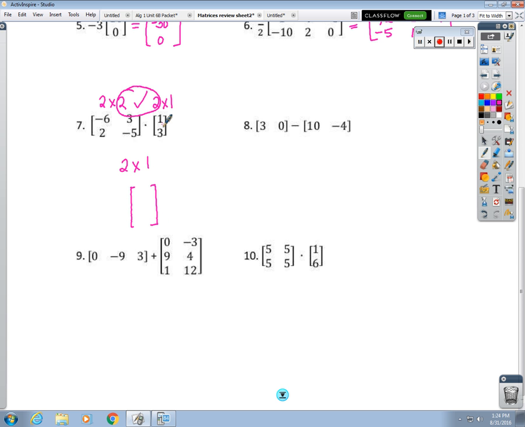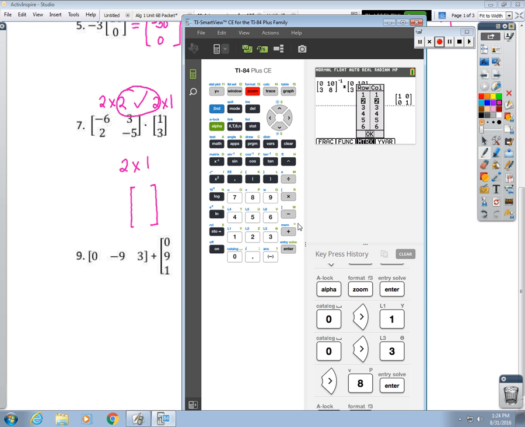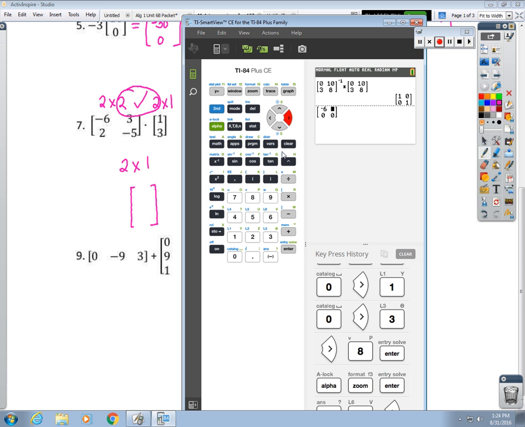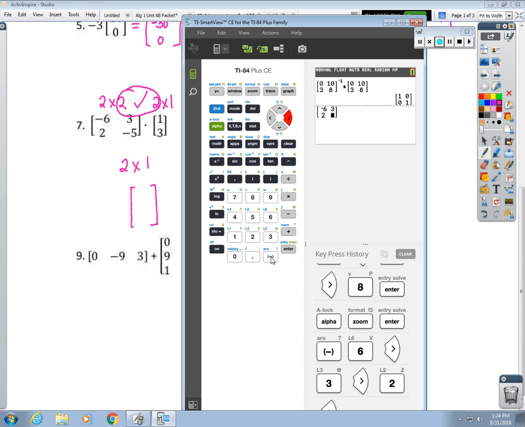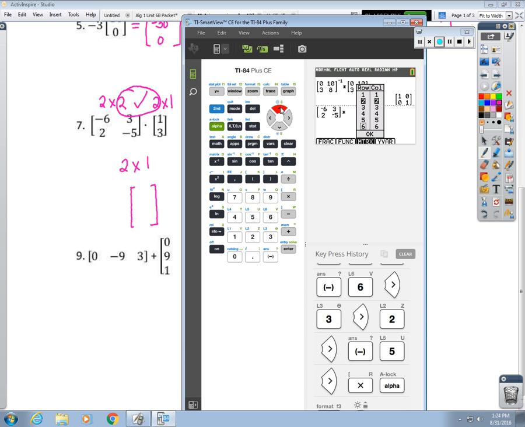Now, we learned how to multiply by hand, but let's just put it in the calculator. Okay, so I first have to enter this first matrix. So alpha zoom, it's a 2 by 2. And its elements are negative 6, 3, 2, and negative 5. Okay, and then I multiply it by another matrix with the dimensions 2 by 1, so I have to go up here and change that.